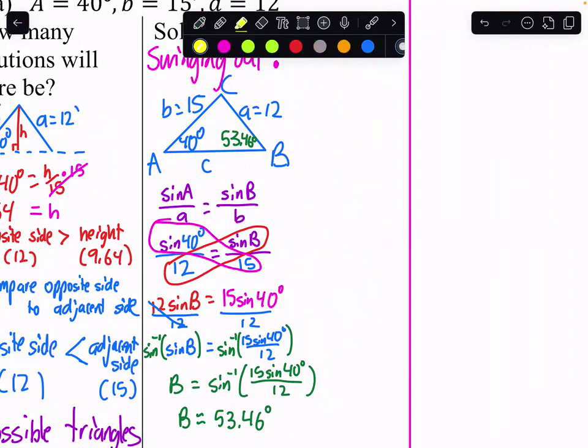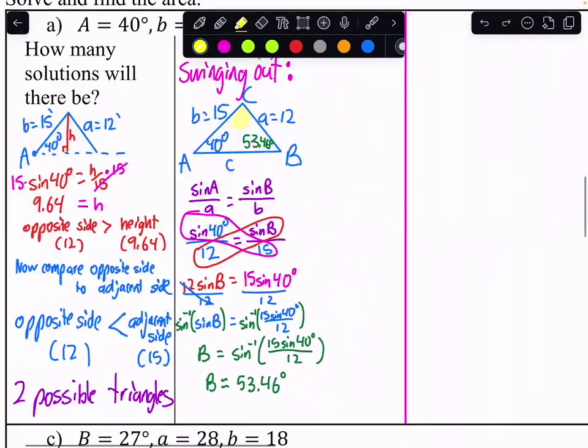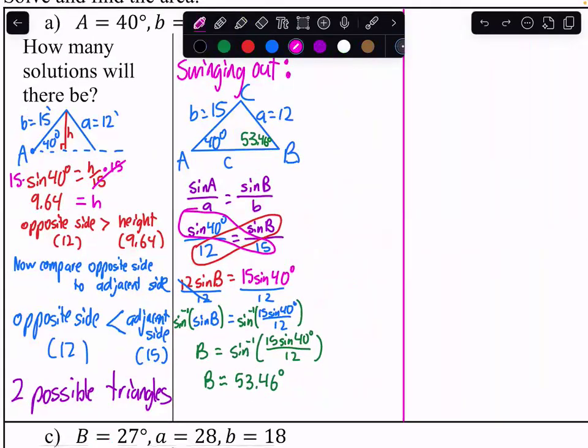The three interior angles of any triangle add to 180 degrees. So I'm just going to do down here 180 minus the 40 degrees minus the 53.46 degrees. Okay, so that leaves 86.54 degrees for angle capital C.